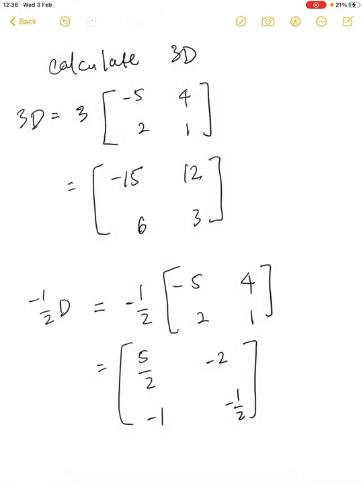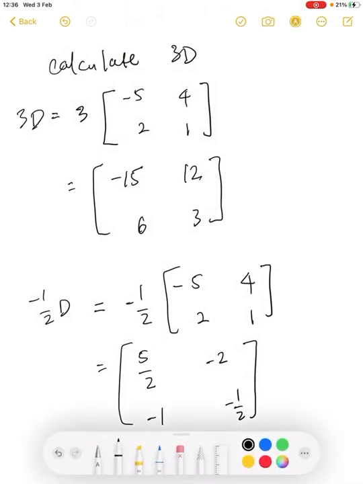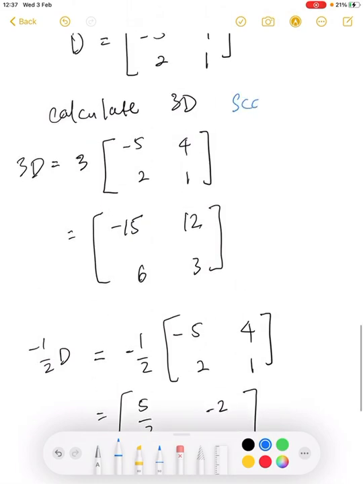Okay, another thing, when we multiply a matrix by a number, we call it scalar multiplication. This is what we call scalar multiplication. What does it mean by scalar?